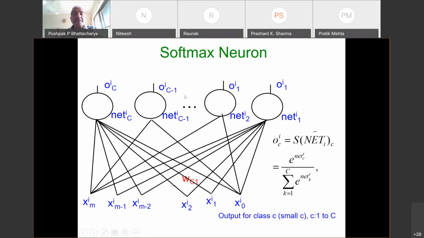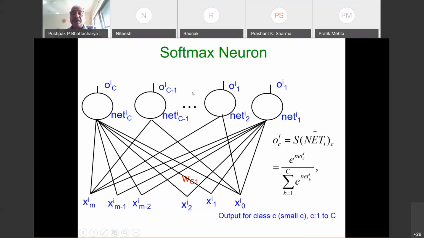So this is a neural network where there is only the output layer and the input layer. The input values are xi0, xi1 up to xim, where i indicates the ith pattern.